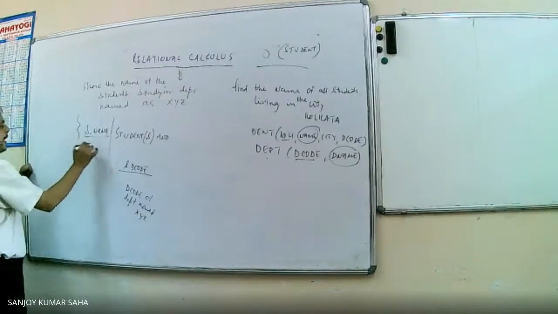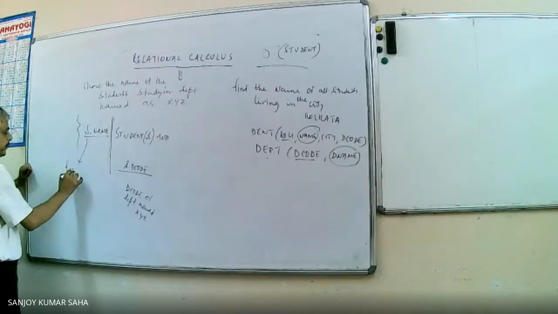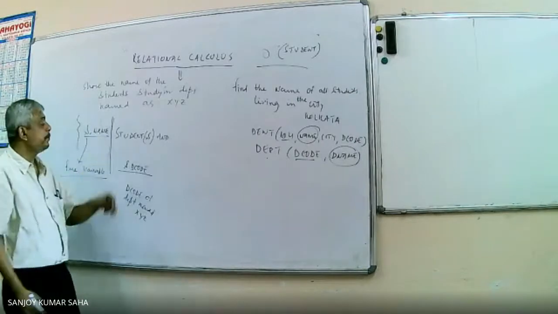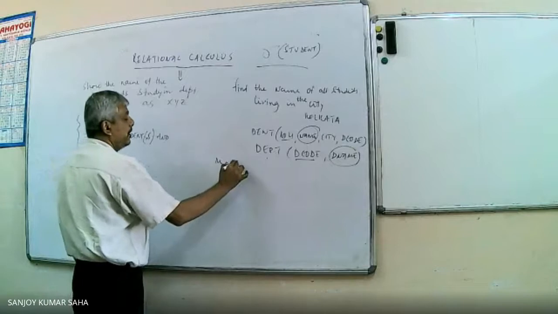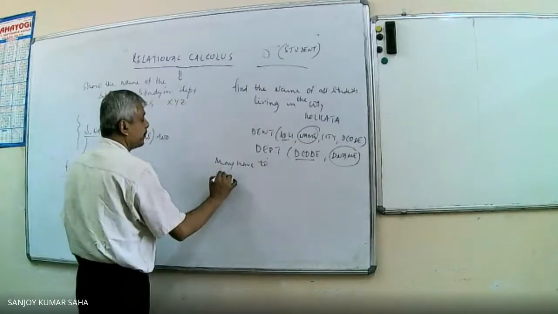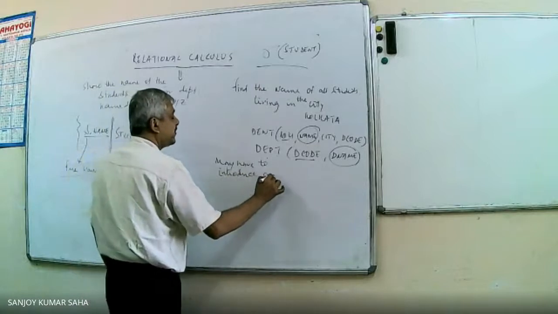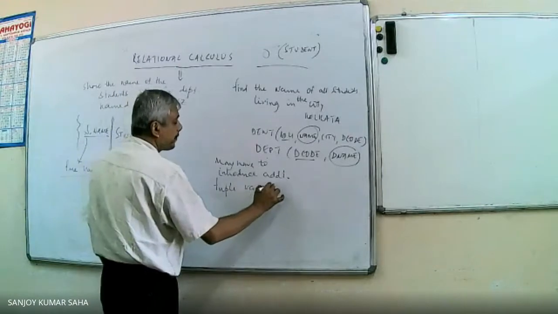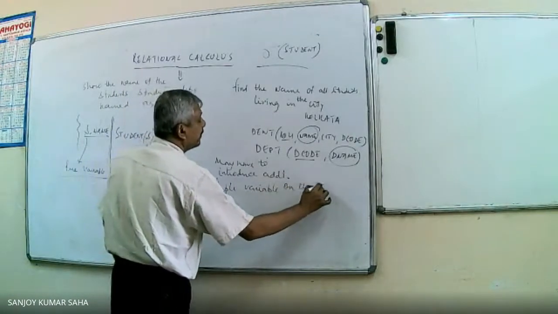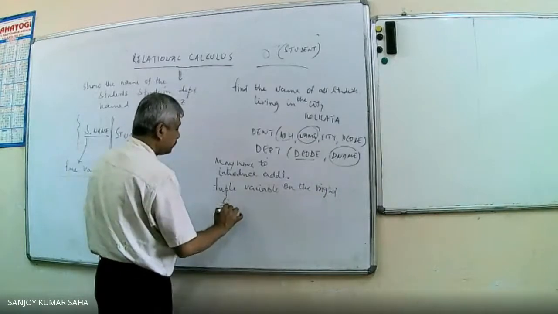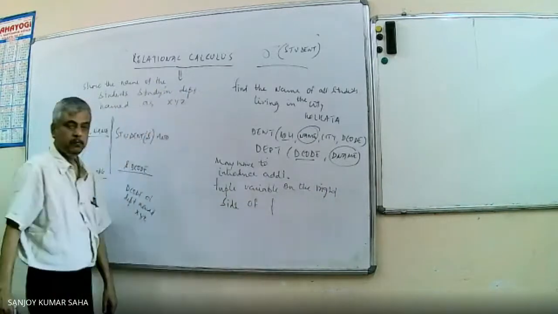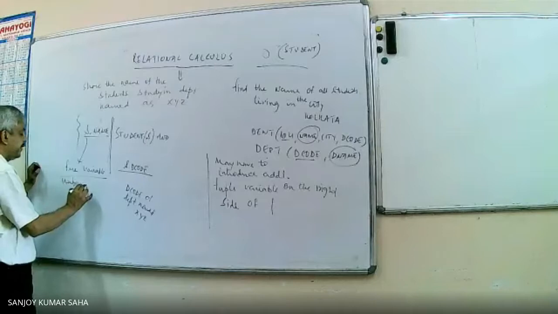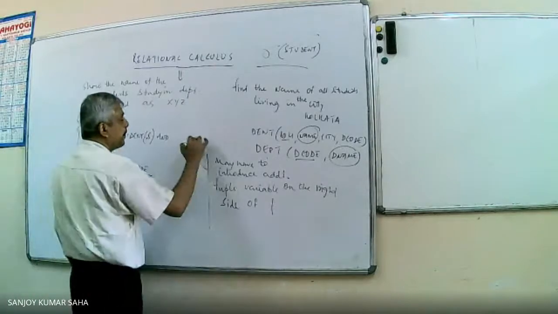The tuple variables that appear on the left hand side of the bar are the free variables. We may have to introduce additional tuple variables on the right side of the bar. The first are free and unbounded, these are bounded.